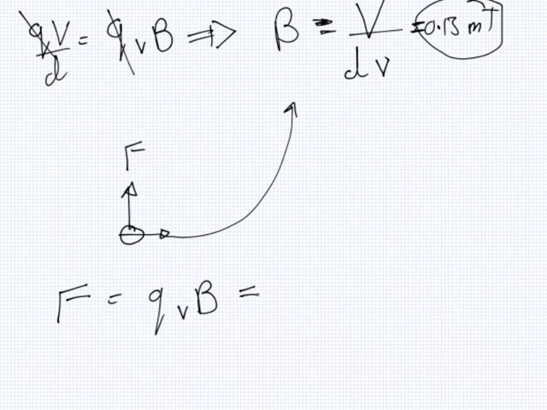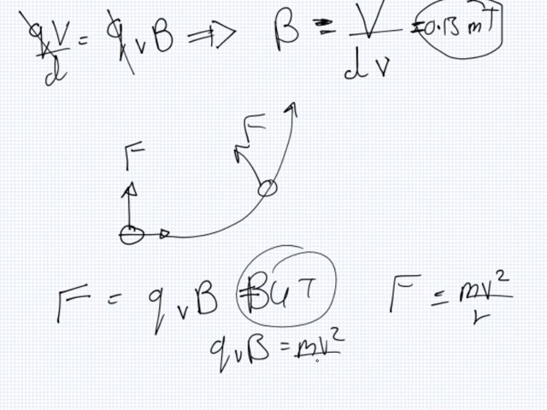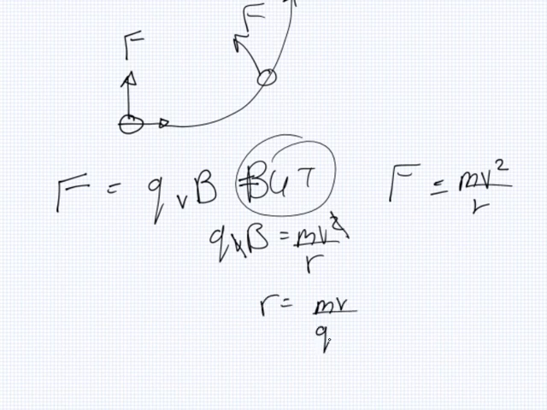And what is the formula for a circular force? This F is now making it move in a circle, so that's equal to mv squared over r. So we can say QvB equals mv squared over r. And the r is what they were looking for. Cancel. R equals mv over QB.